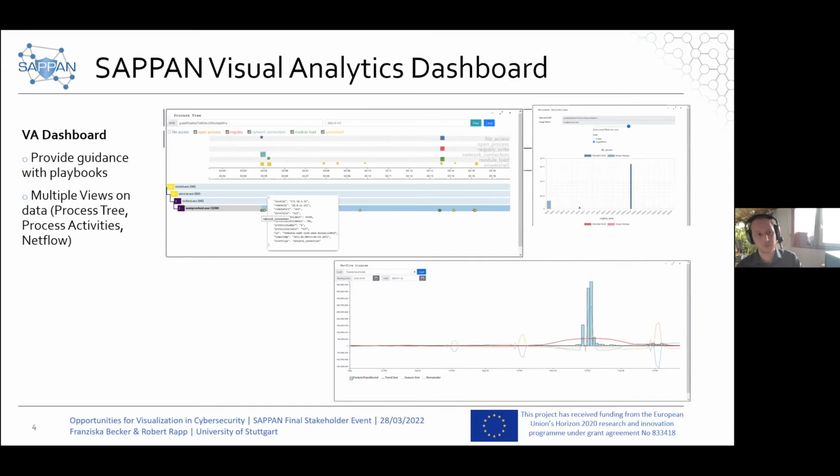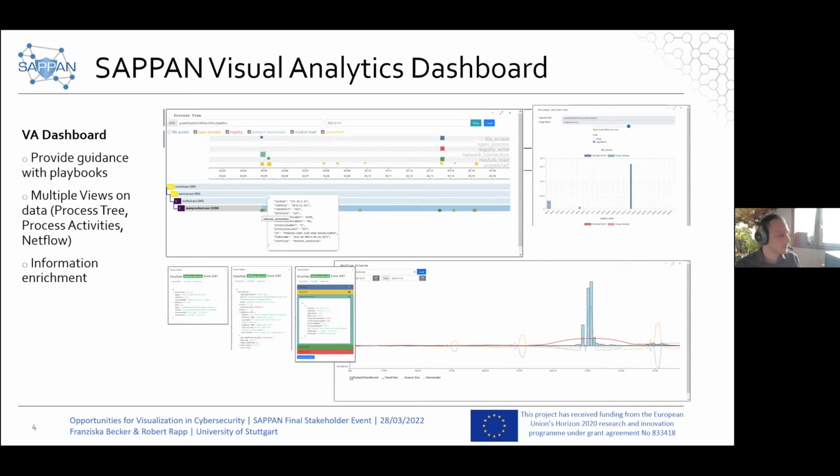For example, with endpoint sensor data, we can look into a host and the processes running on such a host, but at the same time look at what happened in the NetFlow data, what happened in the network when we are looking at the host, bringing different views together, or enriching information by sending some process information to VirusTotal and getting an estimation of whether they are malicious or not.